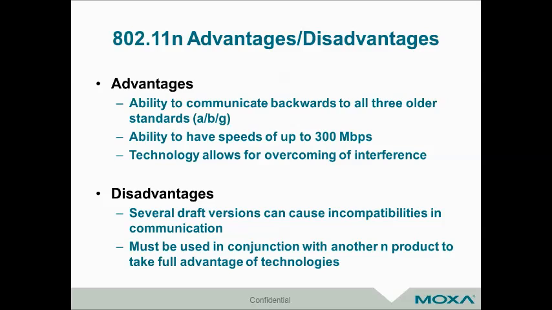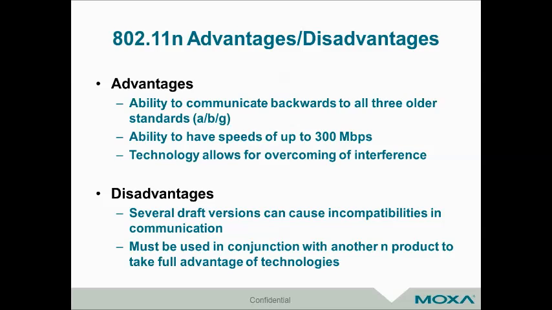In that case, those radios will only be backwards compatible to protocols that have the same frequency. For example, if you have 5 gigahertz N, that radio will be backwards compatible with 802.11a, but not B or G. Conversely, if you have a radio that supports 2.4 gigahertz N, it will be compatible back to 802.11g and B, but not A.